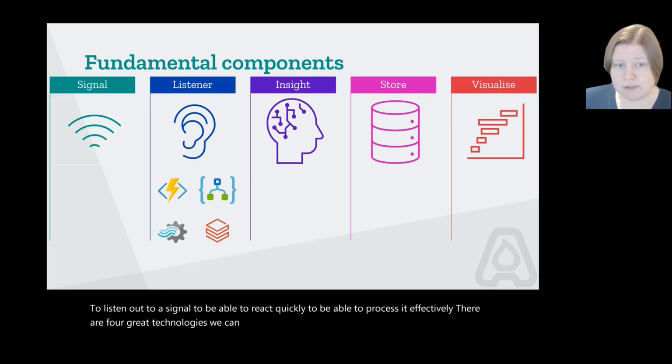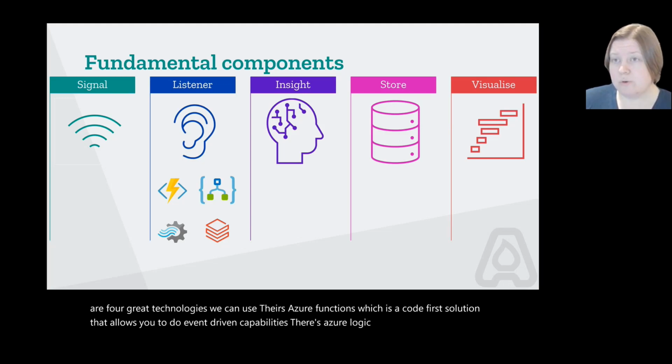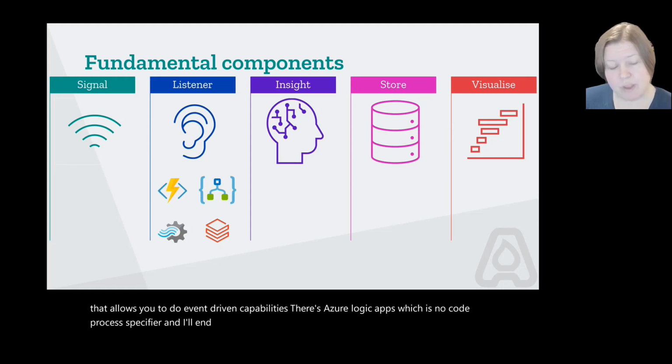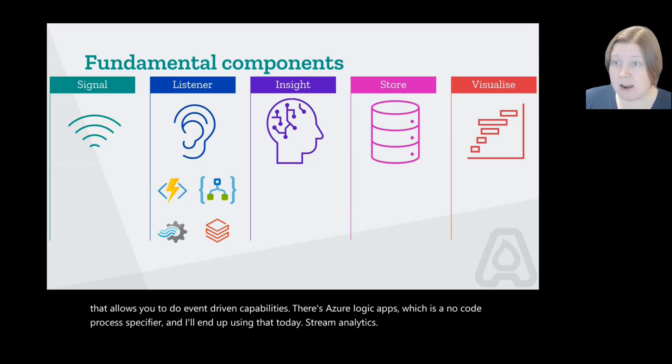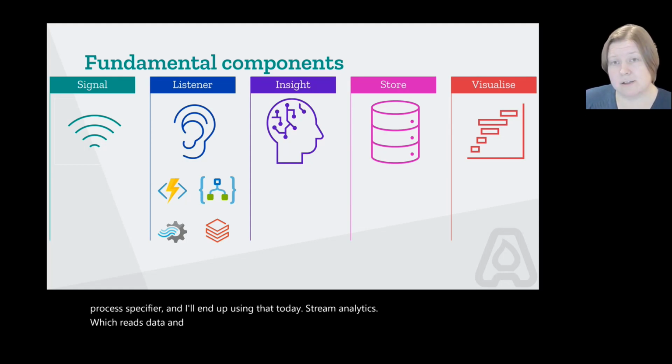There's Azure Functions, which is a code-first solution that allows you to do event-driven capabilities. There's Azure Logic Apps, which is a no-code process specifier, and I'll end up using that today. Stream Analytics reads data and aggregates it and writes out the results into a data store.